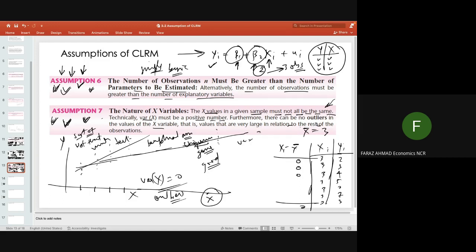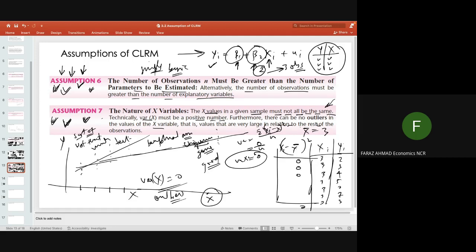Variance is equal to summation of xi minus x bar squared. If you square these, they will again be 0, right? Squared, divided by n. So the numerator, the sum of xi minus x bar squared, will be 0, and 0 divided by n is 0. So the variance of x is 0, right? So we don't want our variance of x to be 0.